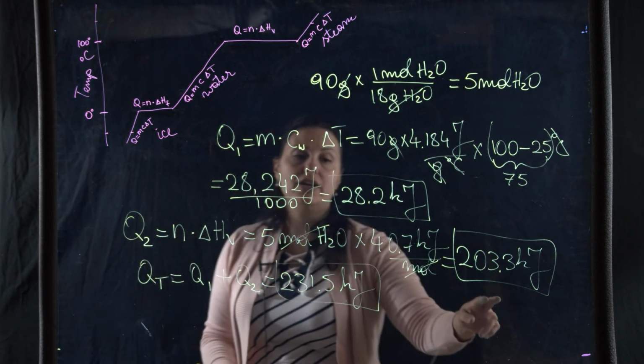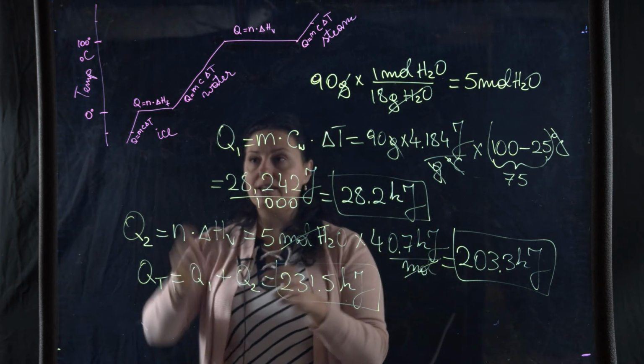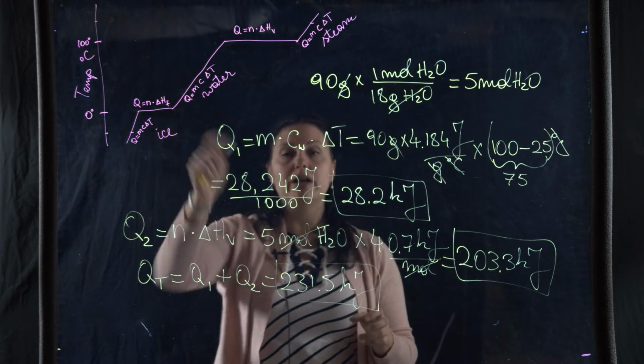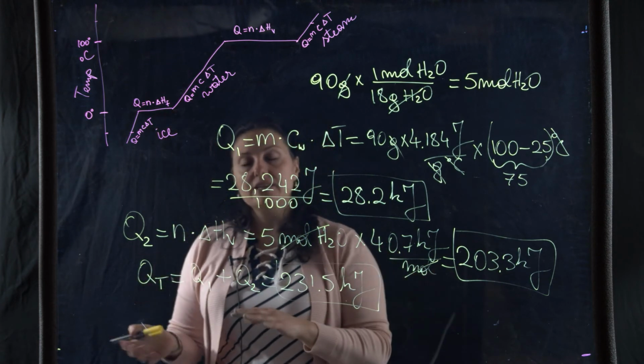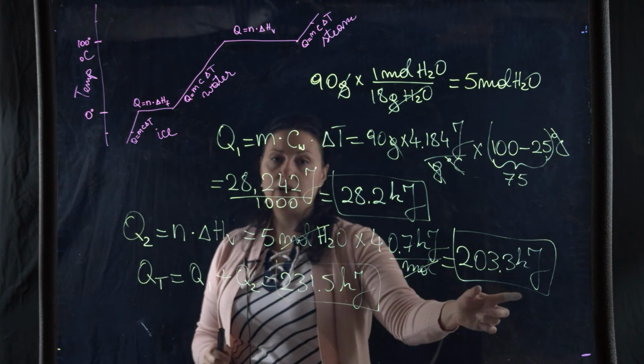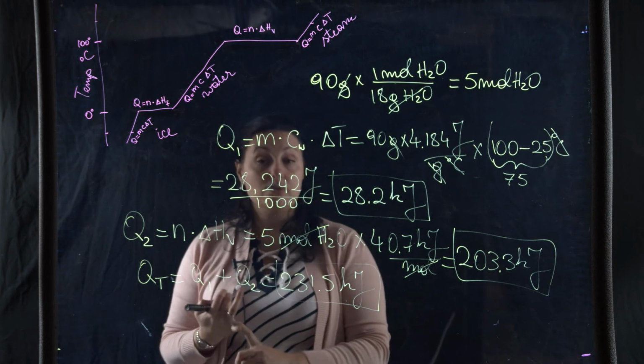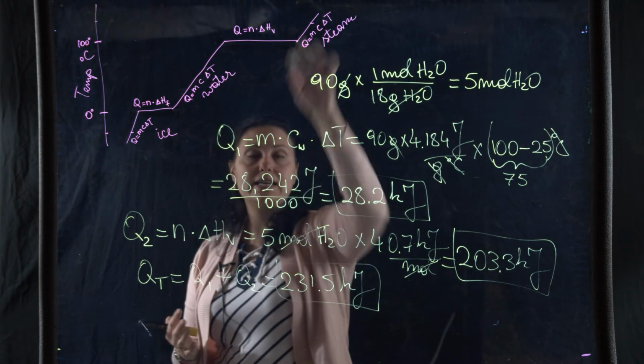Notice how much more energy, and I forgot to point that out when we had both of these values, but look at the previous two problems where we had all 5 steps, and look at how much more energy it takes to evaporate something than even to melt it or to heat it.